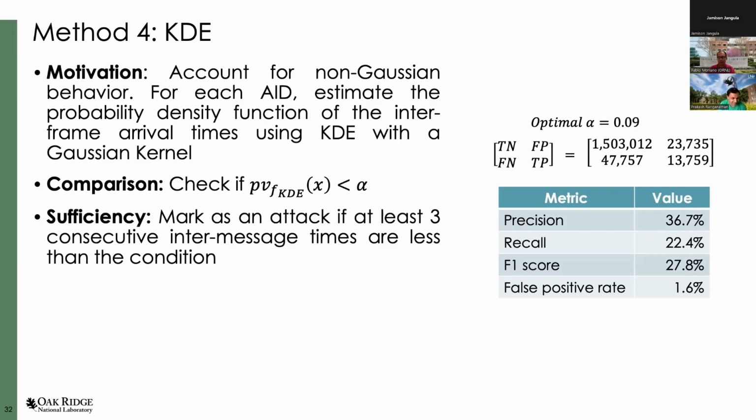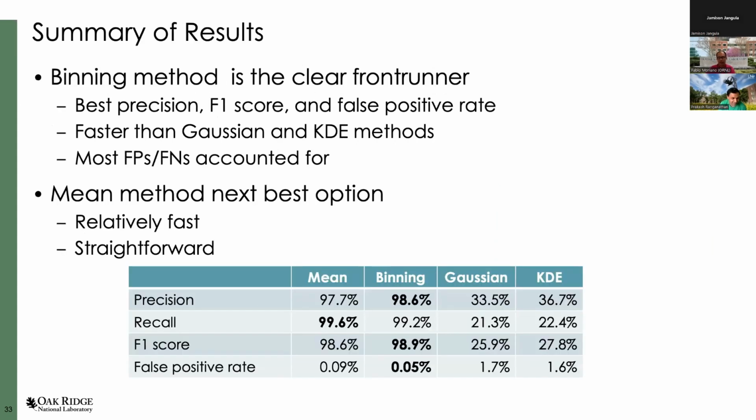When we do that, we improve a little bit over method 3, but compared to the first two methods there is generally a significant drop in performance. So as a summary of our results, we were interested in comparing very simple approaches that focus on detecting these fabrication attacks.